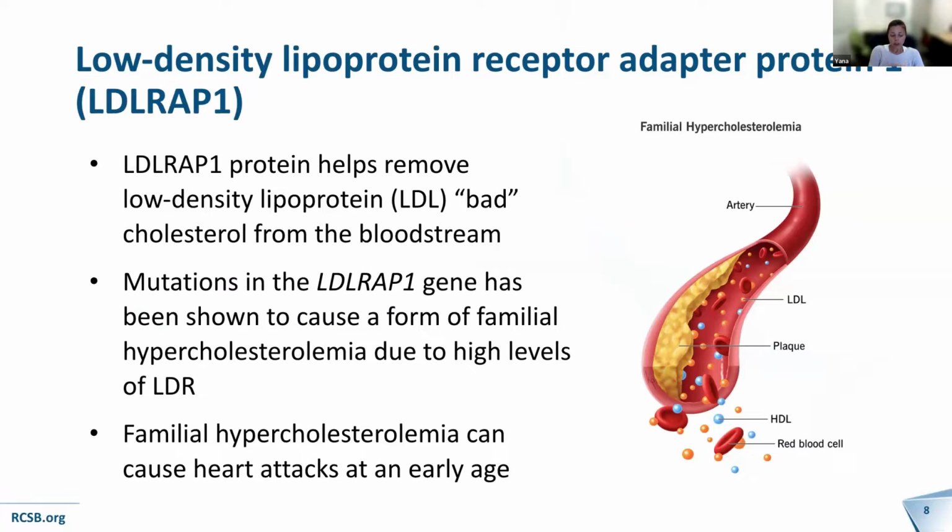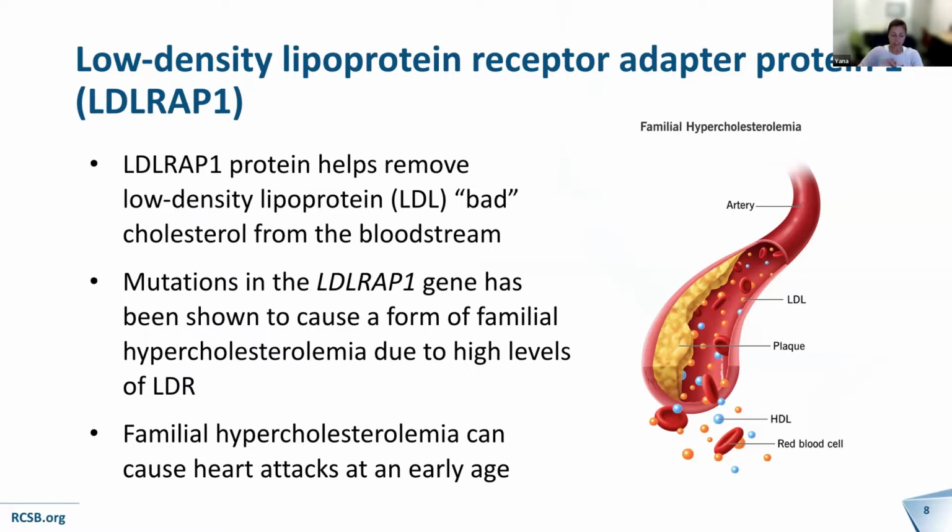Low-density lipoprotein receptor adapter protein 1, or LDL-RAP1, is a protein that helps remove low-density lipoprotein cholesterol from the bloodstream. And if this protein doesn't work well, or there isn't enough of it, the level of this bad cholesterol gets high, which leads to a plaque build-up, blocking your arteries.